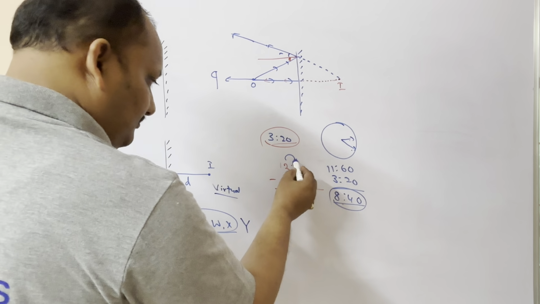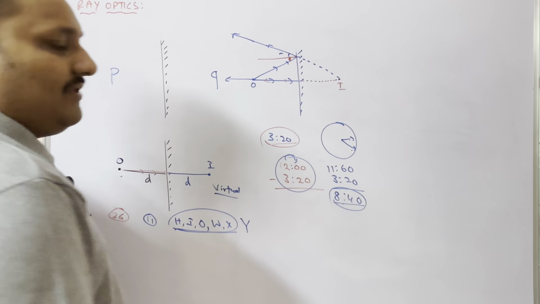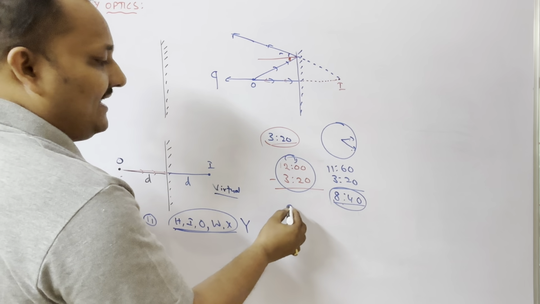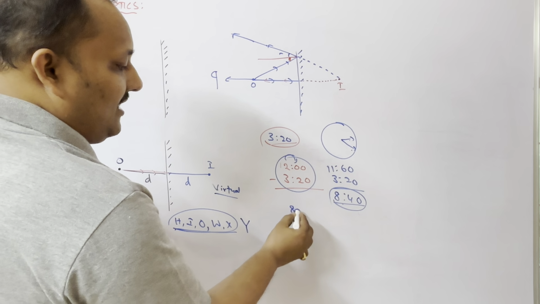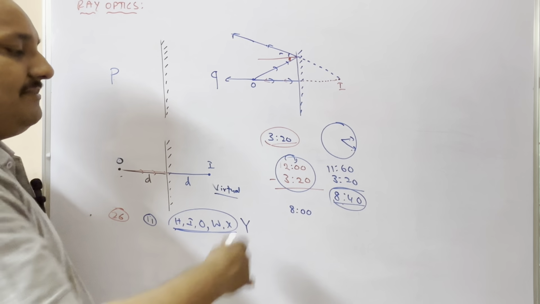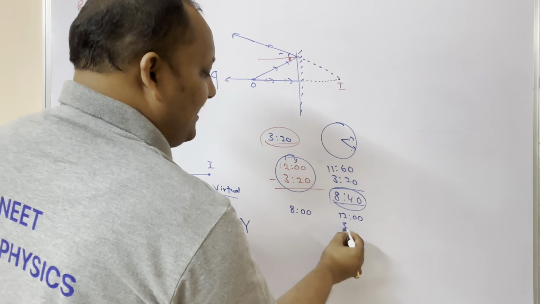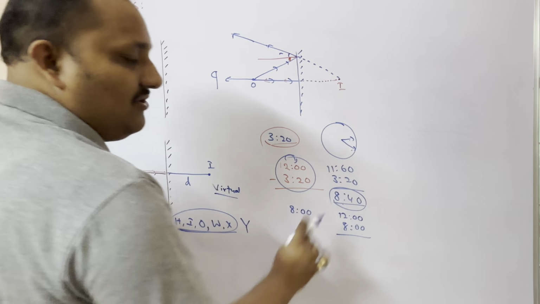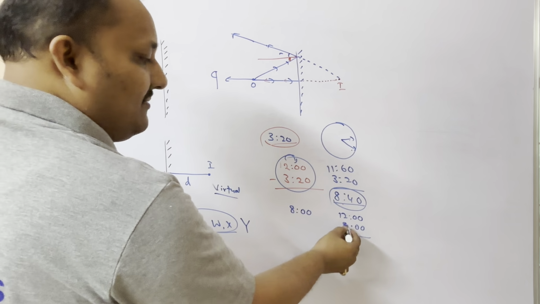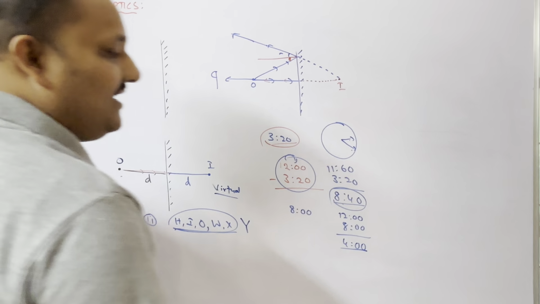Correct or wrong? So this is about how it is going to be shown. If it is showing, let us assume 8 o'clock, exactly 8 o'clock, in mirror how much time it will show means 12 minus 8 o'clock. So now zeros are there, therefore you don't need to worry. 12 minus 8 means it is going to be 4.